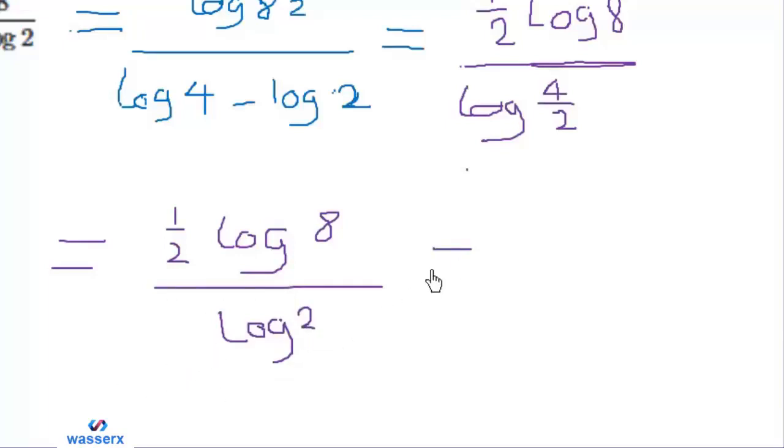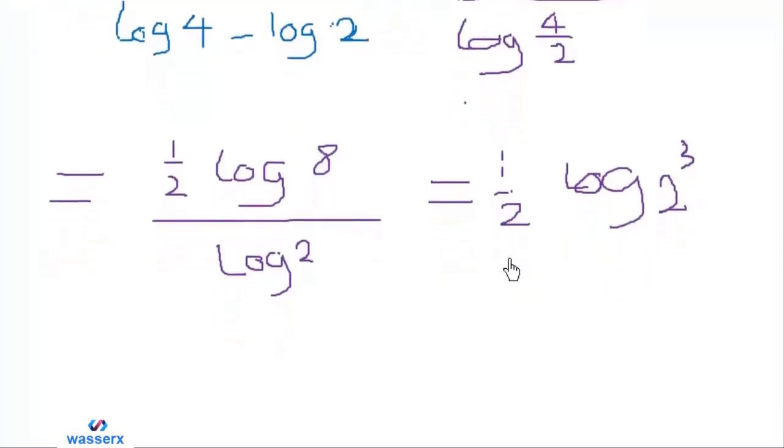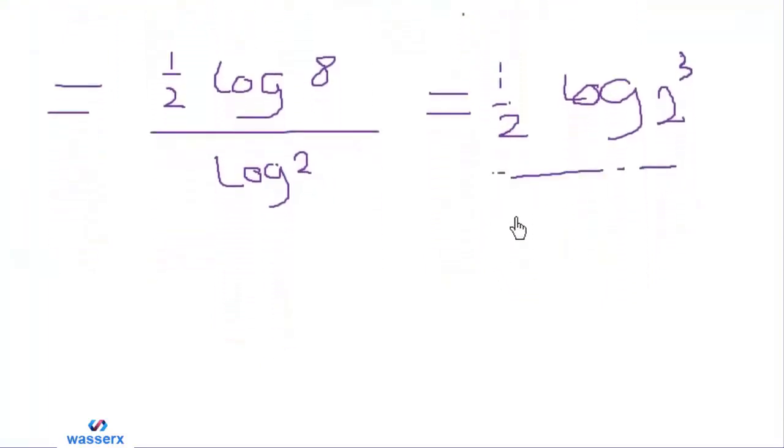We can simplify this further. So 4 over 2 is 2, and we can also write 8 as 2 to the power 3. So we have 1 over 2 log 2 to the power 3 all over log 2. So we can simplify this further.